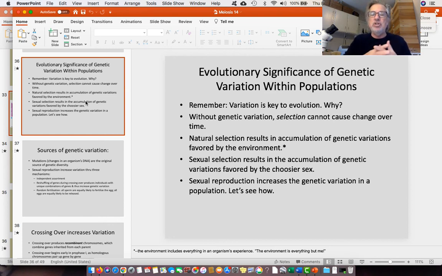New combinations of alleles are formed in recombination that occurs due to crossing over, and new combinations of chromosomes occur due to independent assortment at anaphase 1, where which pair lines up on which side of the metaphase plate is random.